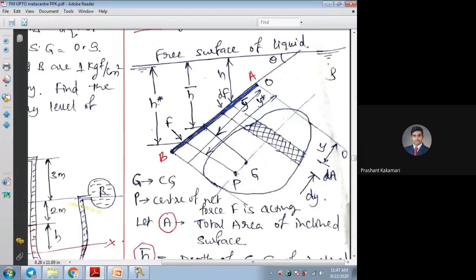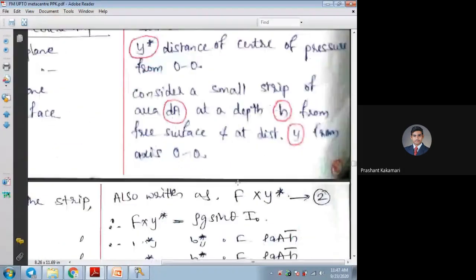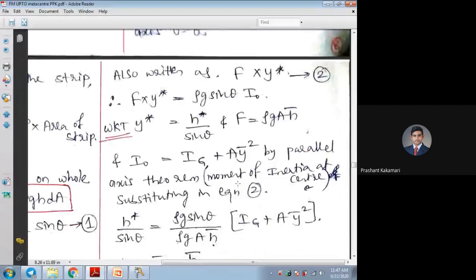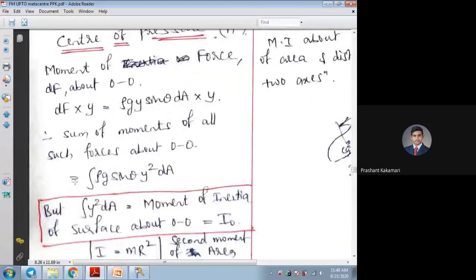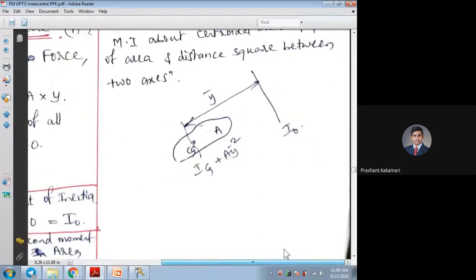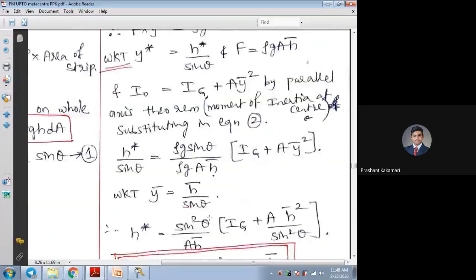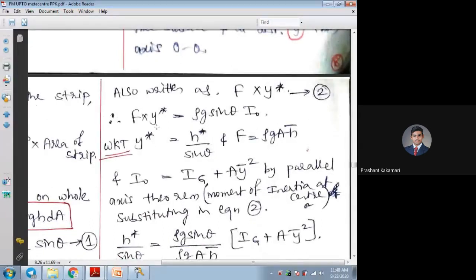So like that, we can consider y star for the complete area. So this dF into y, what was there earlier, for the total area we have considered the pressure force. I can write it as F into y star at the pressure center. F into y star equals rho g sin theta I naught.